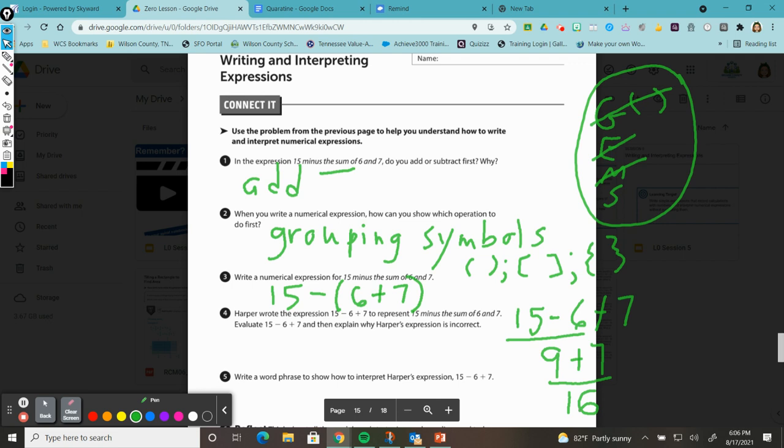Now we need to explain why that is not the correct way to write a numerical expression for 15 minus the sum of 6 and 7. So take a moment to answer why this is not the correct way to write the numerical expression.